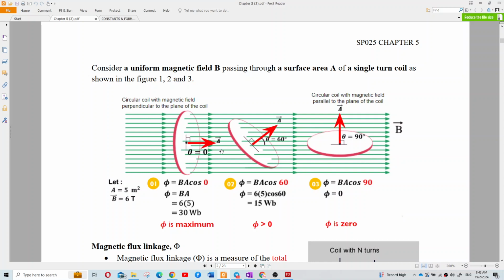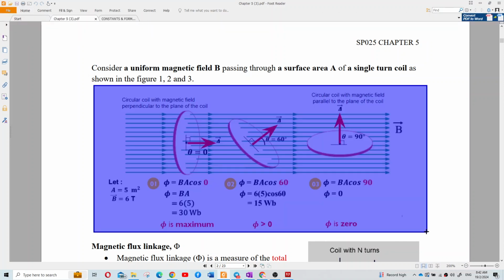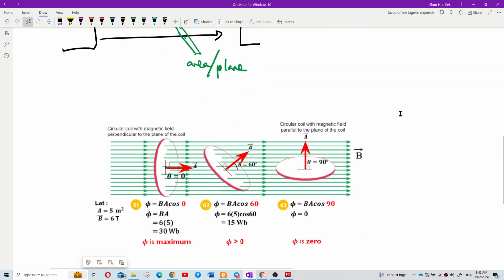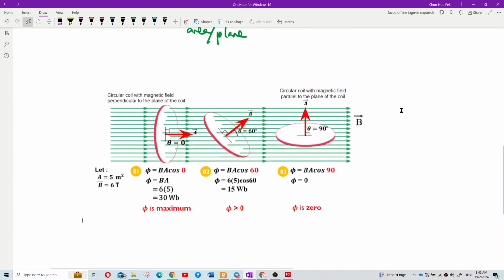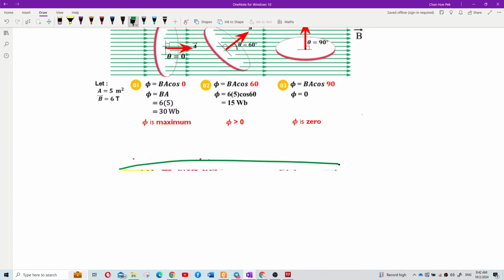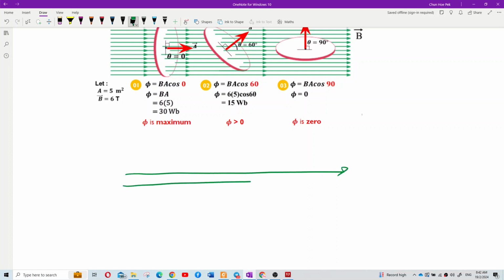Understand? This one, if I want to draw from the side, is something like this. Let me draw again, just draw from the side.